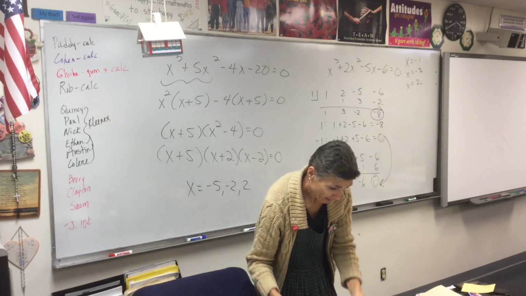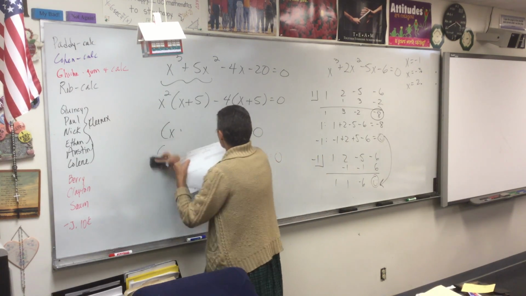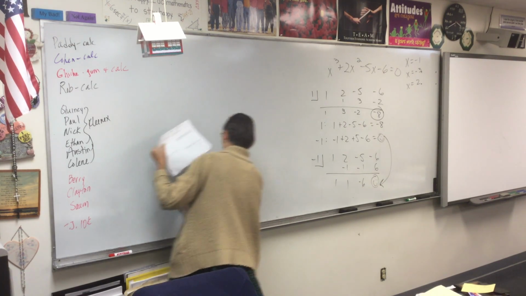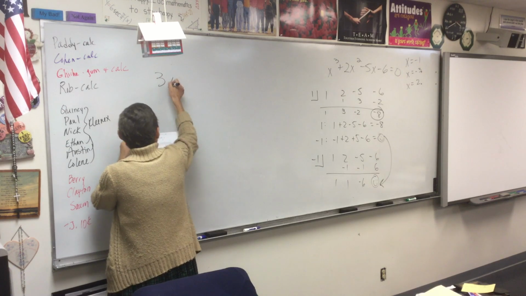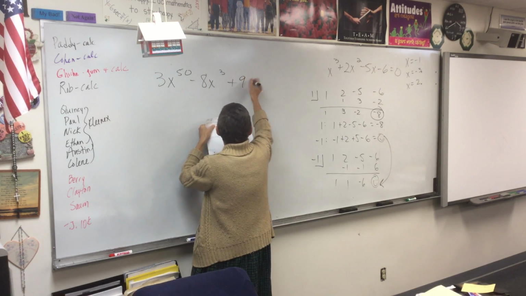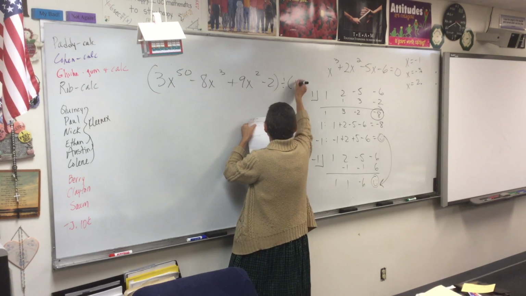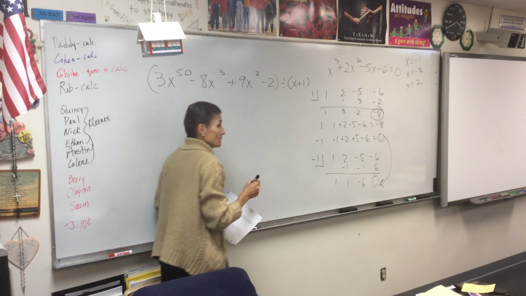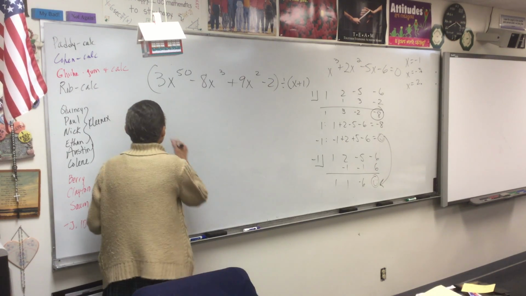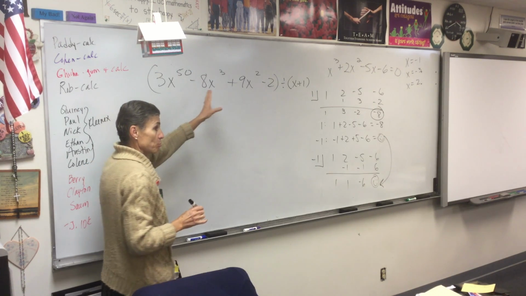So, thinking about it like that, I have this big polynomial that I want to divide by x plus 1. We have decided that actual division would be inconvenient because of all the zeros. So instead of dividing, I'm going to plug -1 into this problem.